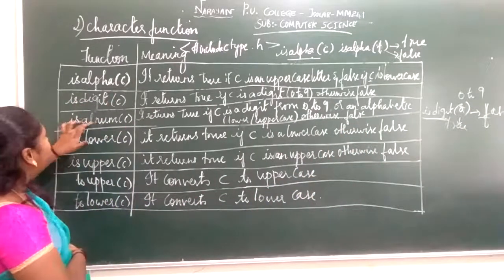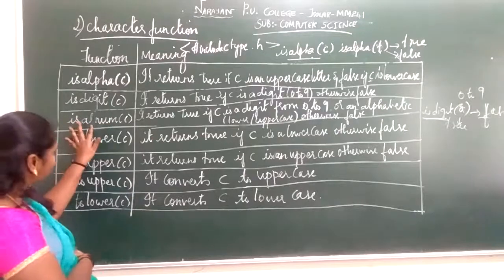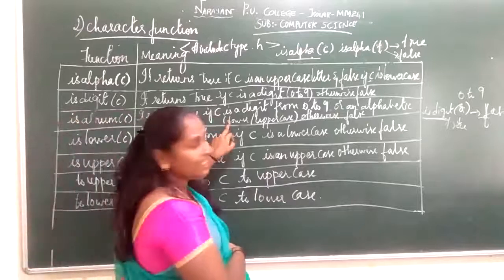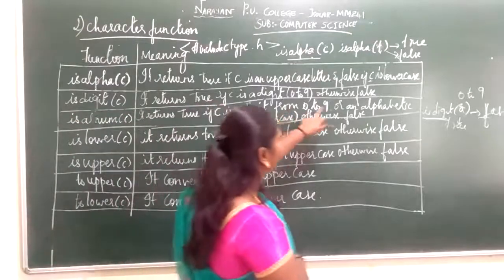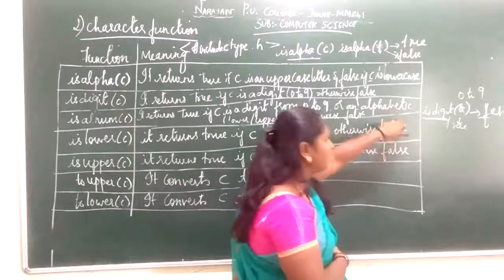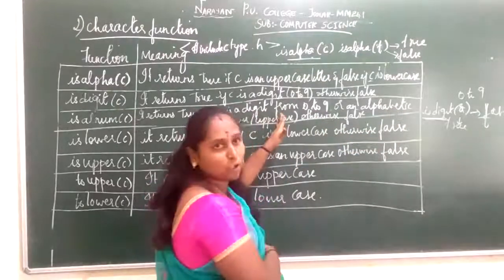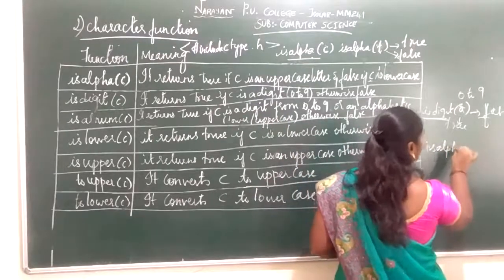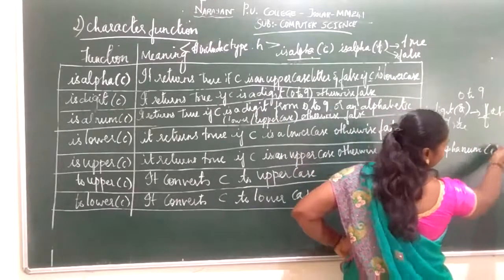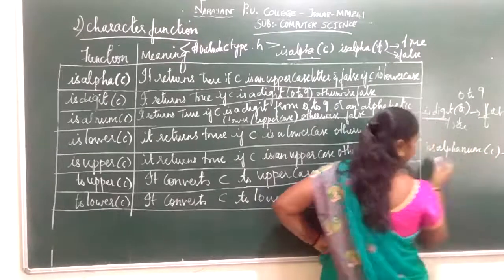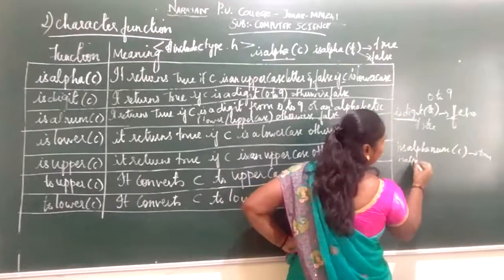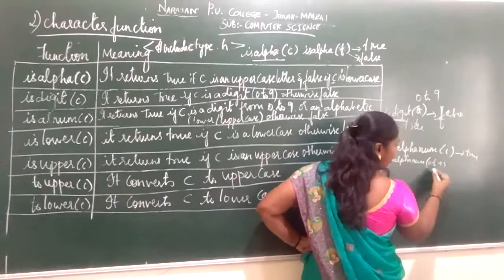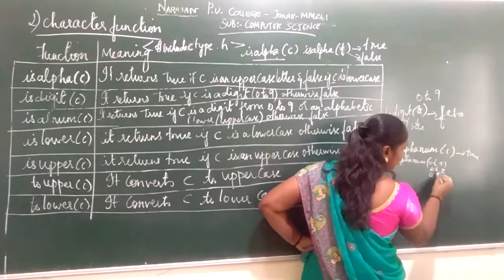Next is isalnum, that is alphabetic numeric, of c. It returns true if the given character c is a digit from 0 to 9, or it can be an alphabetic, either uppercase or lowercase. So if I am using isalnum, it can be 0 to 9, or it can be capital A to Z or small a to z.